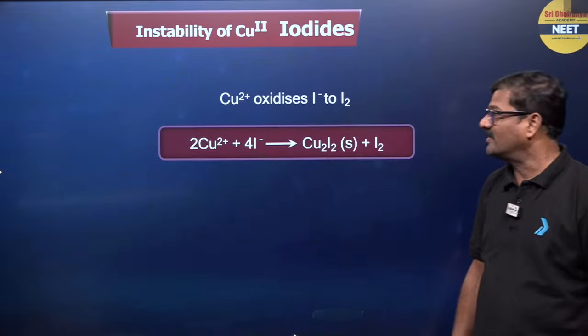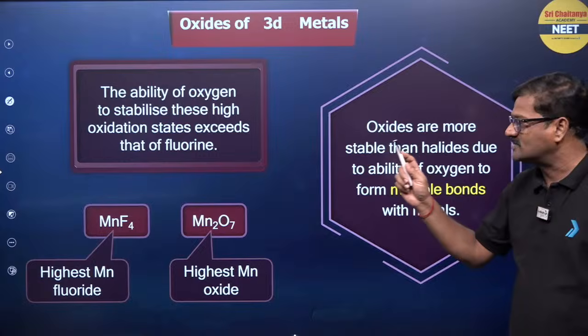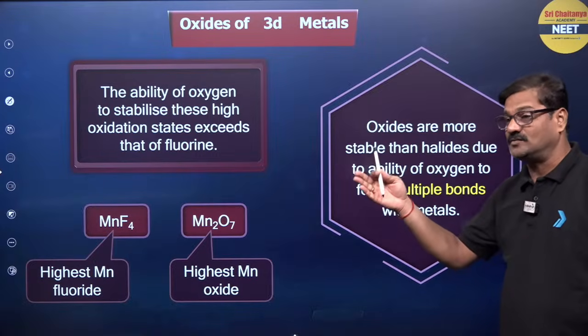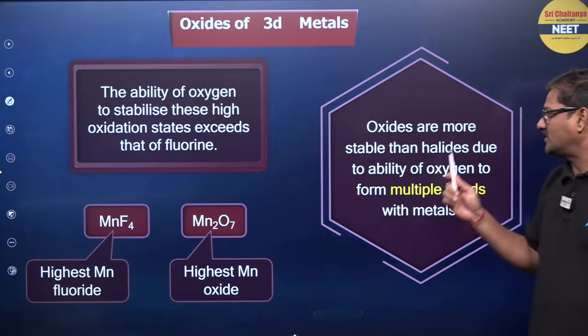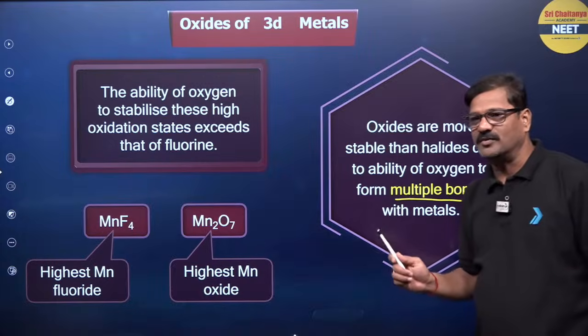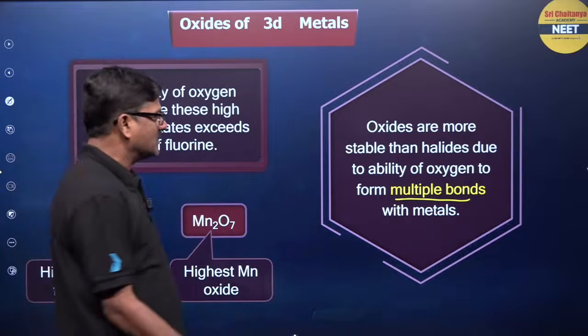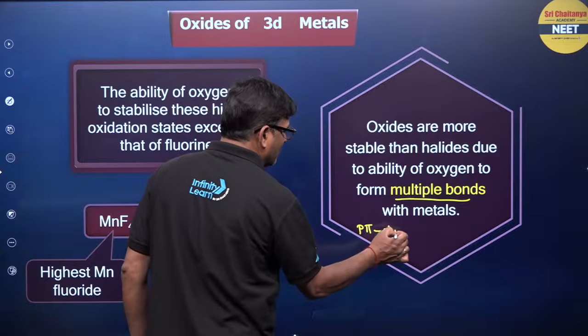Okay, that's very important. Now the oxides of 3d metals: the ability of oxygen to stabilize these higher oxidation states exceeds, it is better than fluorine. So oxides are more stable than halides due to the formation of multiple bonds, which we can say are p pi-d pi multiple bonds.